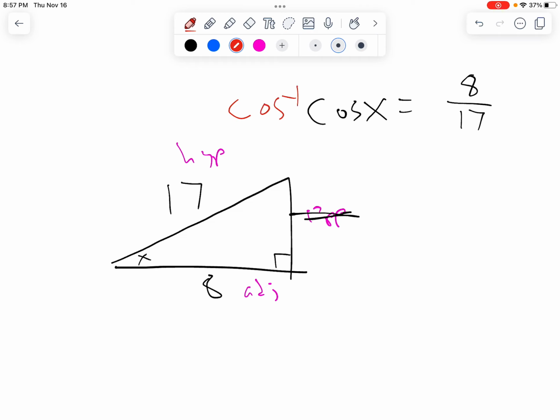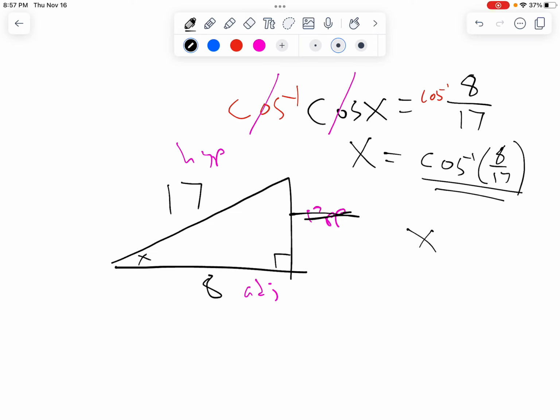And if we uncosine that side, we have to uncosine 8/17. And so uncosine and cosine cancel each other out, leaving behind x. And so x is inverse cosine of 8/17. And of course, if you were doing this on homework or a test, you'd plug that into a calculator and you'd get some kind of number right there.